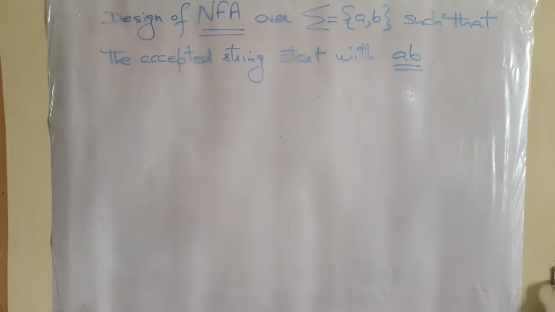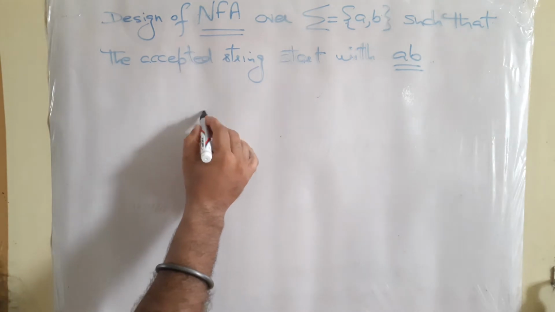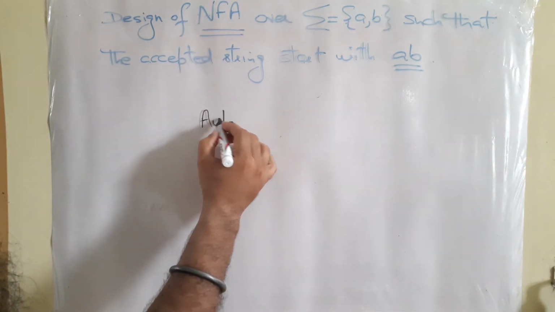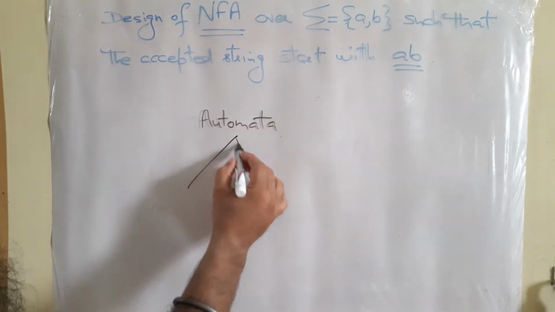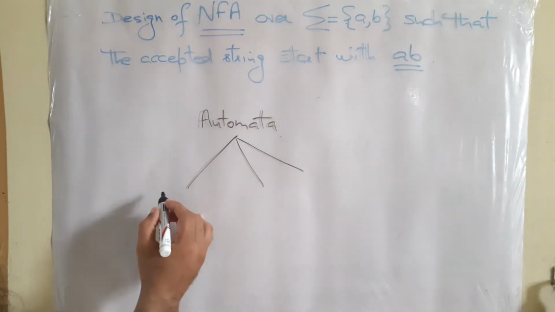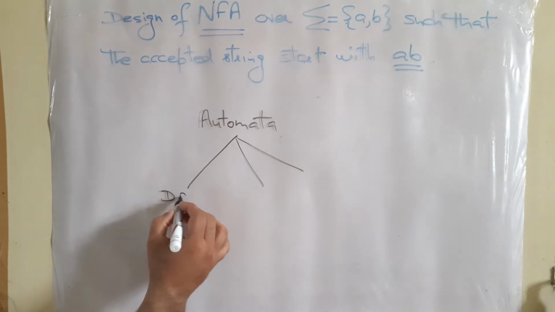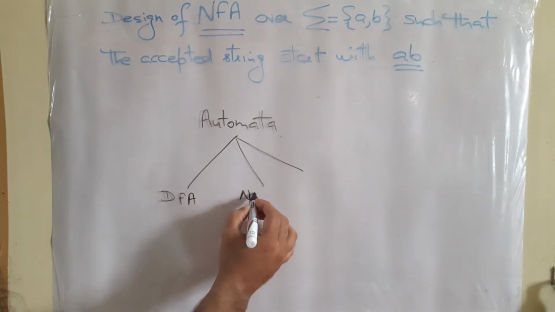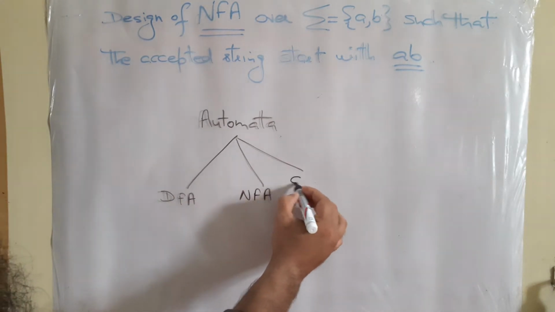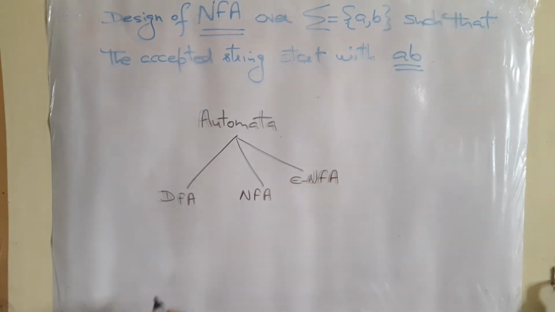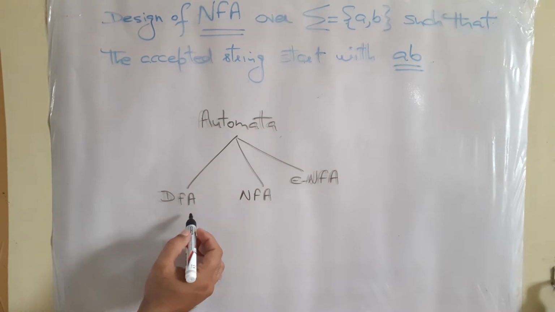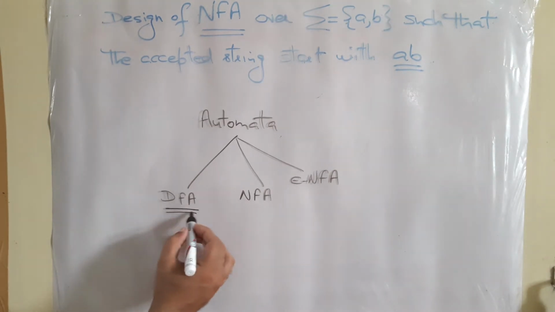And we know in automata theory, automata is of three types basically. First is DFA, then we have NFA, then we have epsilon NFA. Last time we did the questions related to design of DFA.